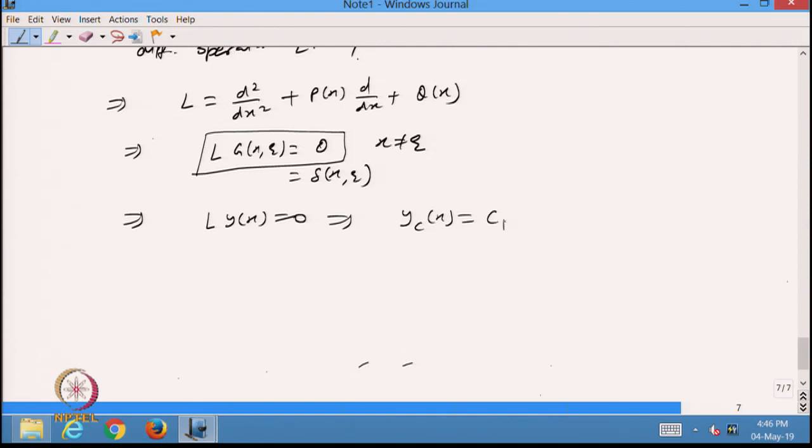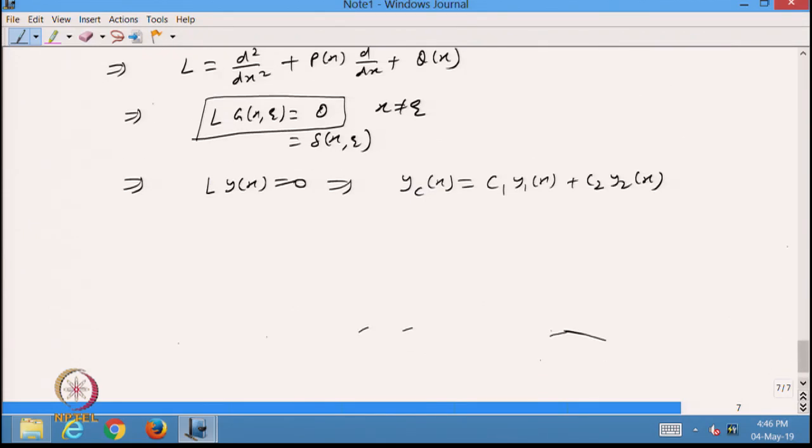If I am able to find two linearly independent solutions, I can write the complementary solution as C1 y1(x) plus C2 y2(x). Once we are able to find these, based on this I can define my Green function.